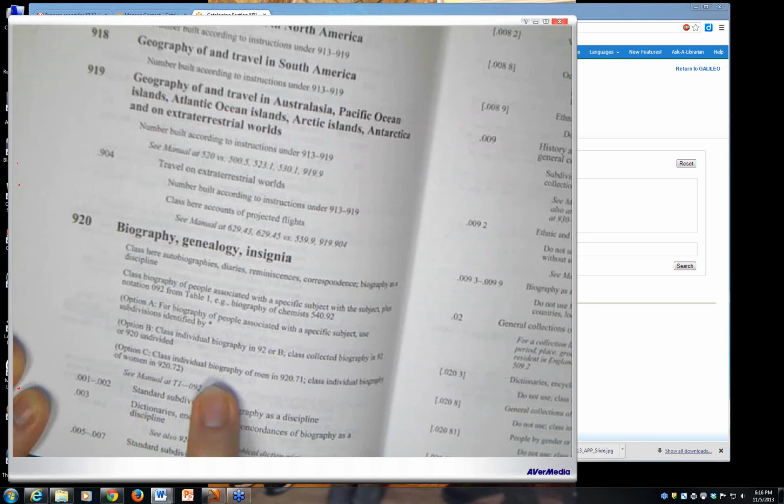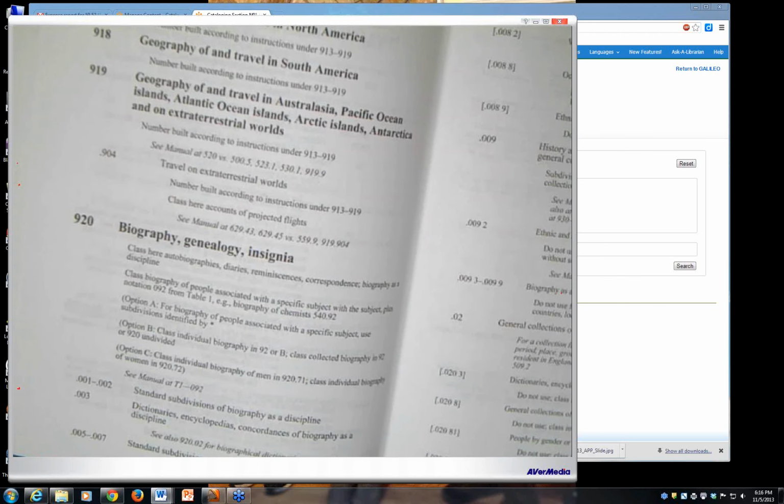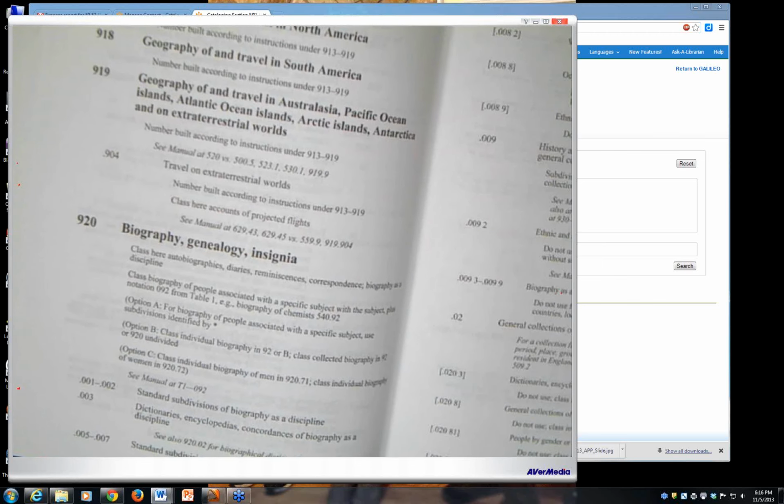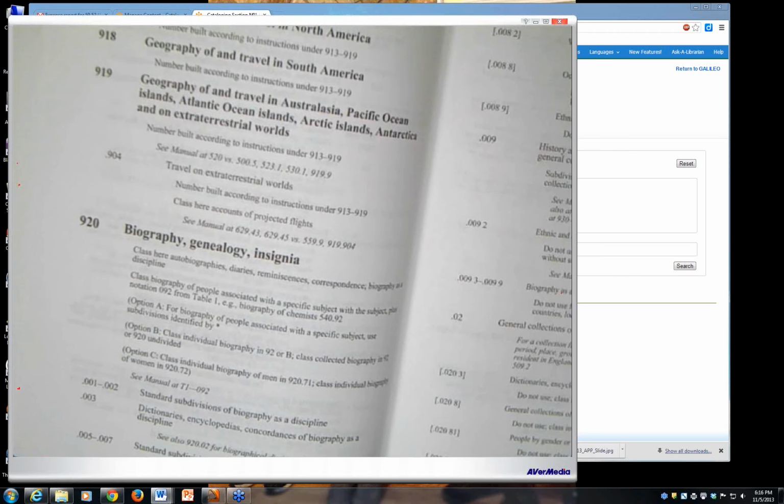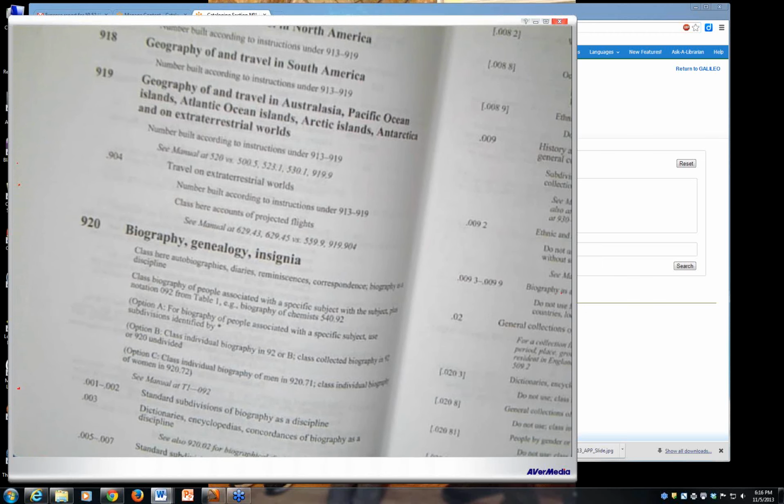Or you can class biography of men in 920.71, of women 920.72. So there are several options. Biography's just always been a little vague and ambiguous. So what most people do when they get into a media center, they just follow the same pattern that the previous media specialist had been doing for biography.